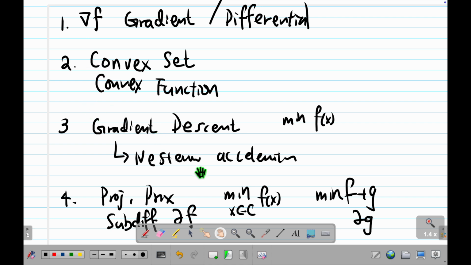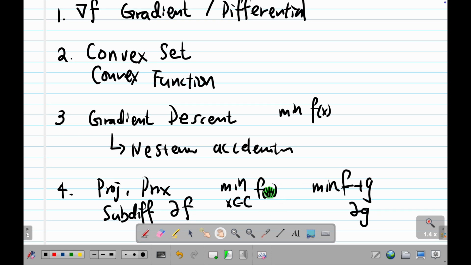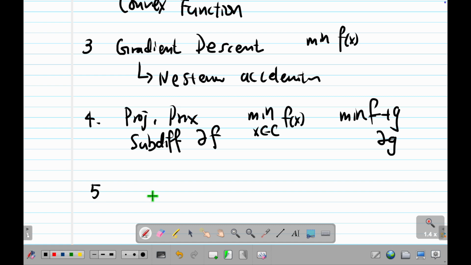Okay? That is what a subgradient is, what a subdifferential is. And that's it. And now we can deal with what? Constrained optimization and non-differentiable optimization. And this is good because 3 is unconstrained differentiable. Now we can do constrained differentiable, or no constraint but non-differentiable. Then you may ask, what if I put an x in C here? Good. This is what's next. So what happens if I mix all of them?